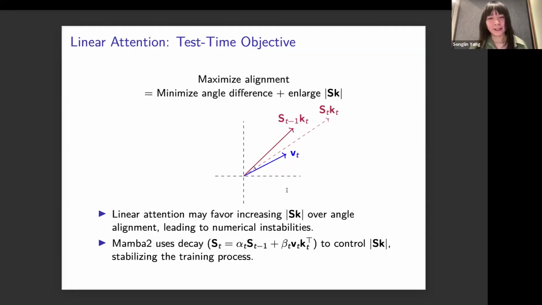Because of this, linear attention could often encounter numerical instability issues. Mamba 2 uses a decay term in the weight matrix. From the perspective of gradient descent, this decay term is like weight decay, which is a very classical concept in SGD.